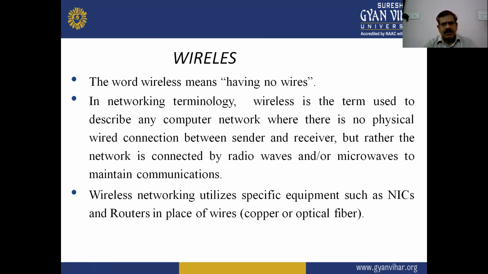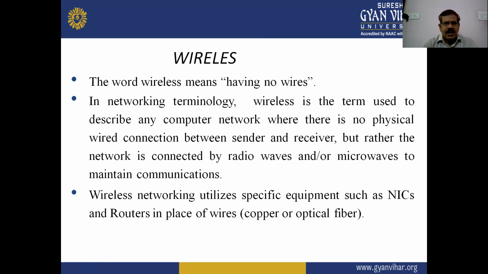So what is wireless? The word wireless means having no wires. In networking terminology, wireless is the term used to describe any computer network where there is no physical wire connection between sender and receiver.